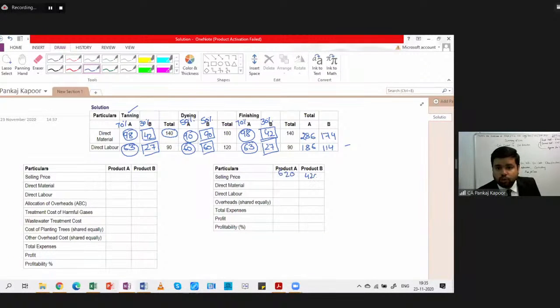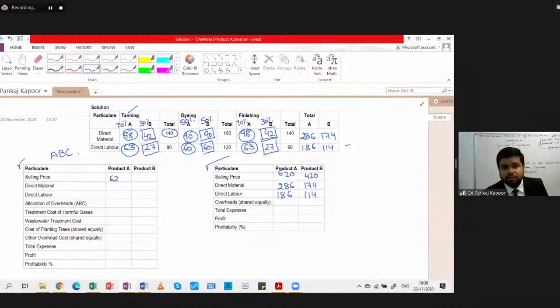The material cost which we just computed above is 286 and 174. The labor cost which we just computed above, 186 and 114. Now we noted down this much of the data as per the traditional system. Similar way, under the ABC system, we also noted down this much of the data.